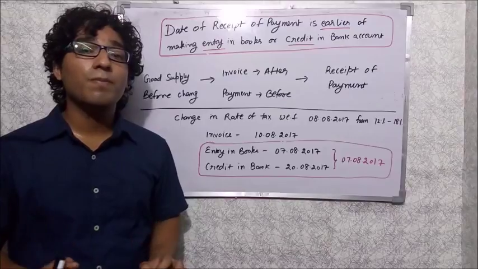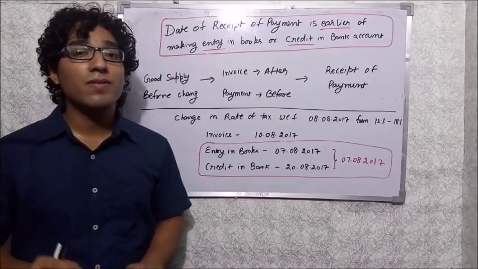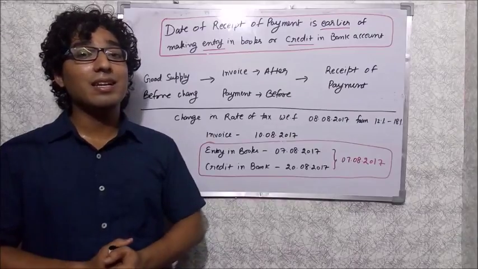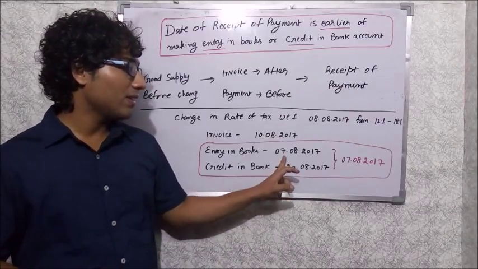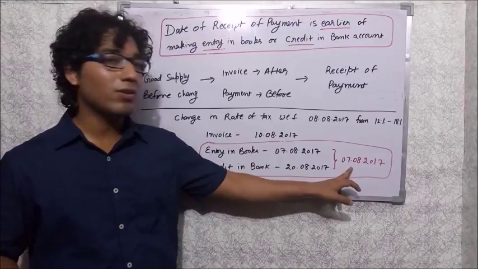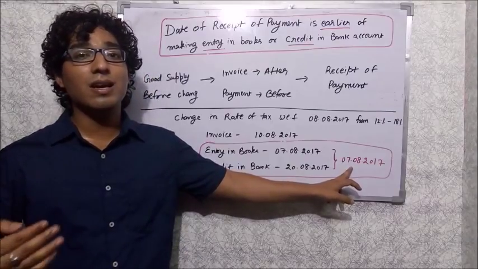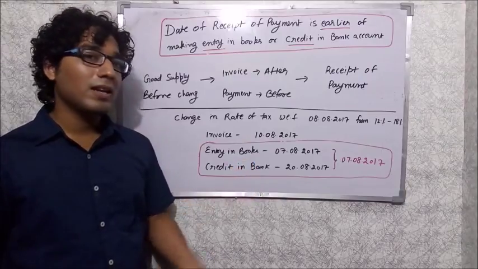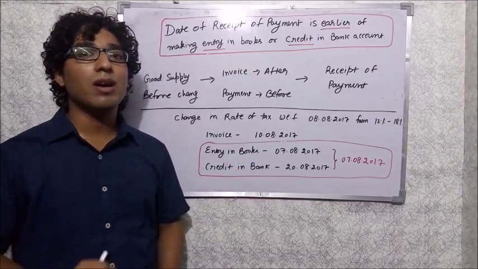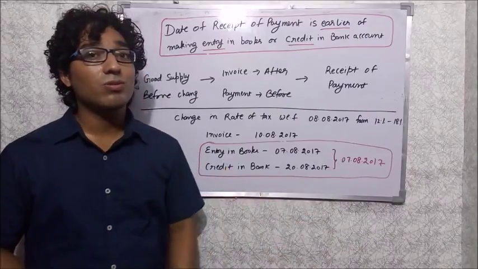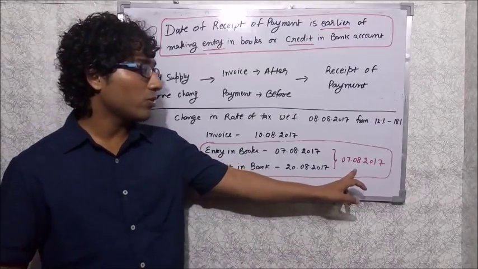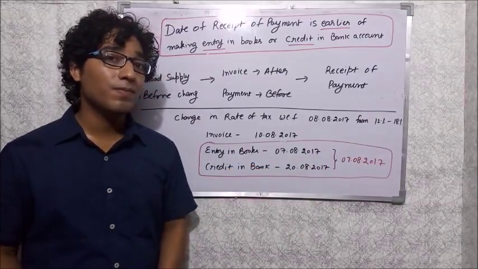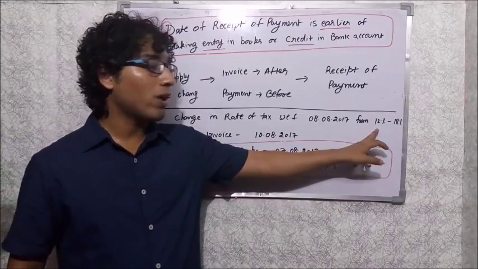So according to the law, the time of supply of goods or services will be the receipt of payment, and the receipt of payment is 7th August 2017, which is the earlier of when he made the entry in the books of account or when the amount is credited in the bank account. So what was the effective rate of tax on 7th August 2017? The effective rate of tax was 12%.